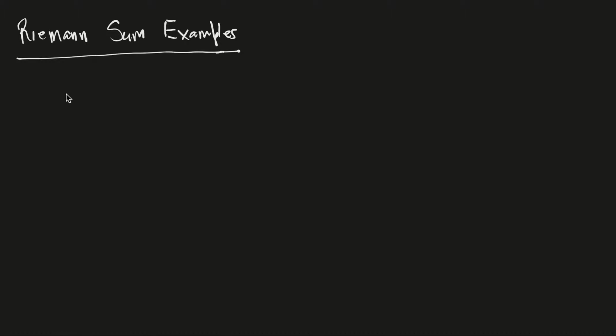So remember, the idea is we have a function and we have an interval on our x-axis, a to b. We're going to be given a number of partitions. So how many subintervals are we going to use for this approximation?